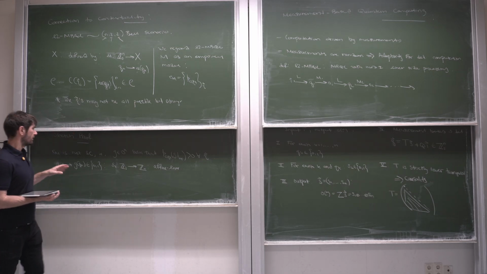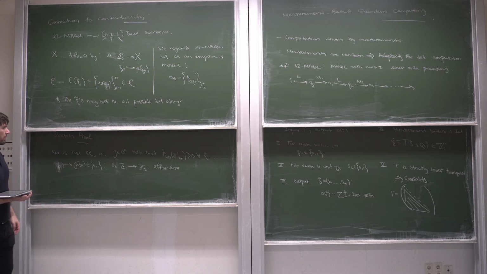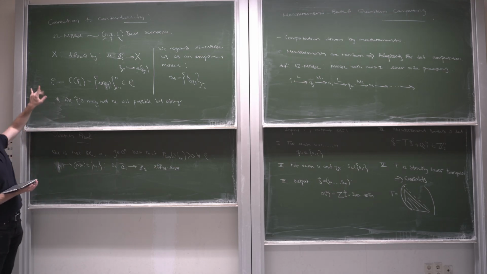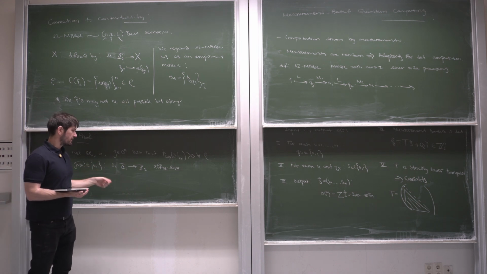So one of the proof techniques used by Raussendorf in his paper is to say that first, let's embed our measurement scenario inside of N22, and inside of N22, all possible inputs do occur by definition.